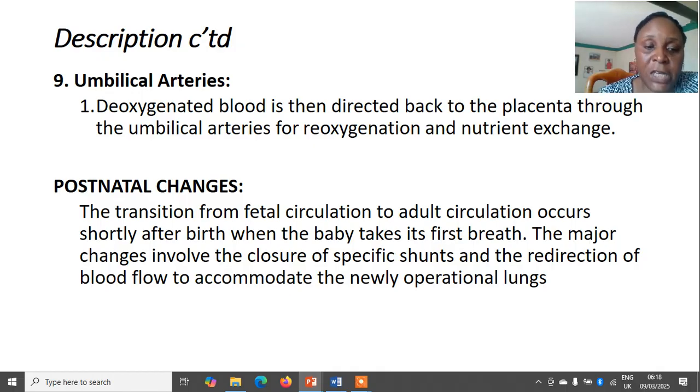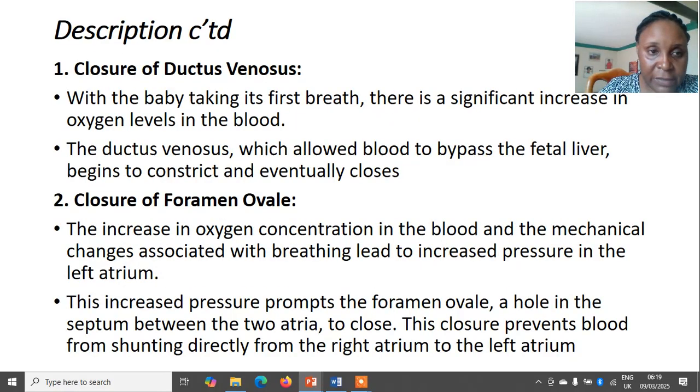The major changes involve closure of the specific shunts and the redirection of blood flow to accommodate the newly operational lungs. So immediately the baby takes the first breath, there is a change in circulation, what we have called a redirection. And these temporal structures close because now the breathing is not going to start from the placenta, now it is starting through the lungs.